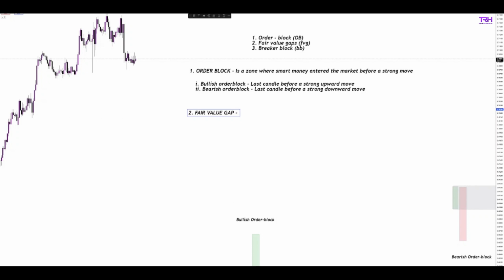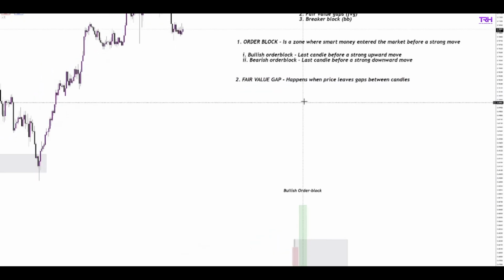Where price moves too fast and leaves a gap between candles, that's a fair value gap. So let me give you an example of what a fair value gap looks like.